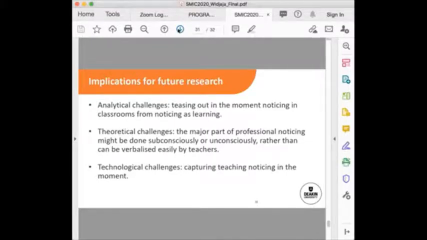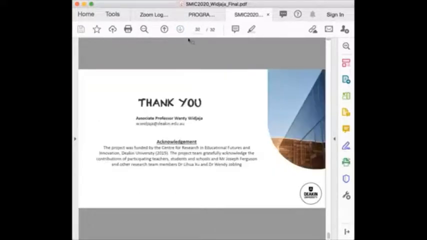It's similar to PCK case studies, for example. Often we talk about how complex it is because PCK is tacit, and teachers' knowledge is often tacit, so sometimes it's quite hard to unpack. Of course, there are also technological challenges to capturing teacher noticing in the moment. So thank you.